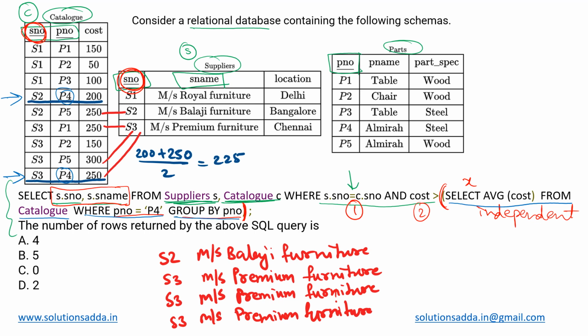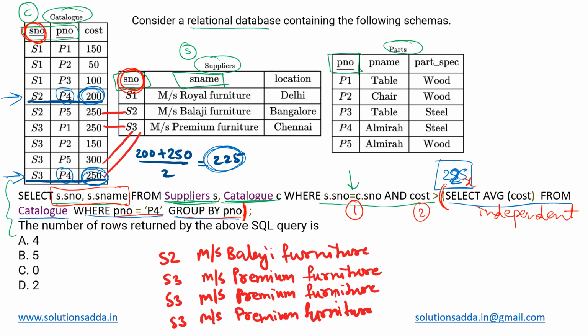There is only one P number, so that is what the grouping attribute will be. So here we are getting the average cost as this 200 and 250. That is what we'll be using for calculating the average, and it gives us 225. So this is the average cost value that is returned by the given subquery. So we will simply replace the subquery with its result 225.